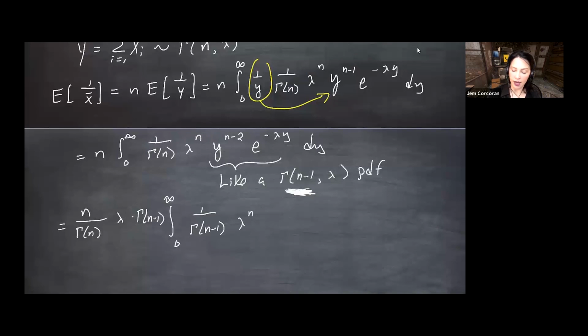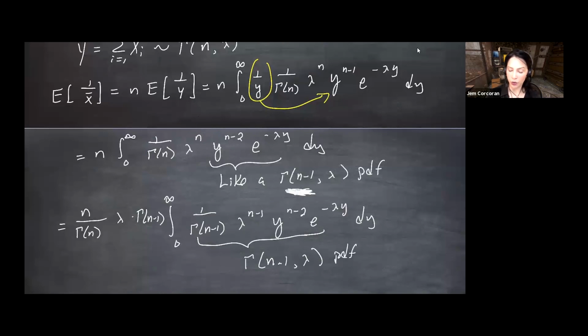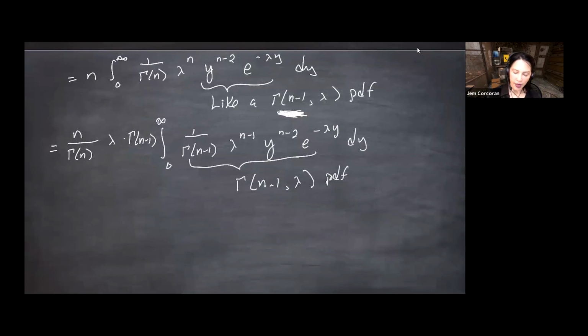And lambda to the n minus 1, y to the n minus 2, and so on. Okay, so this actually is the gamma n minus 1, lambda PDF, and that will integrate to 1. And so we have n gamma n minus 1 over gamma of n lambda.